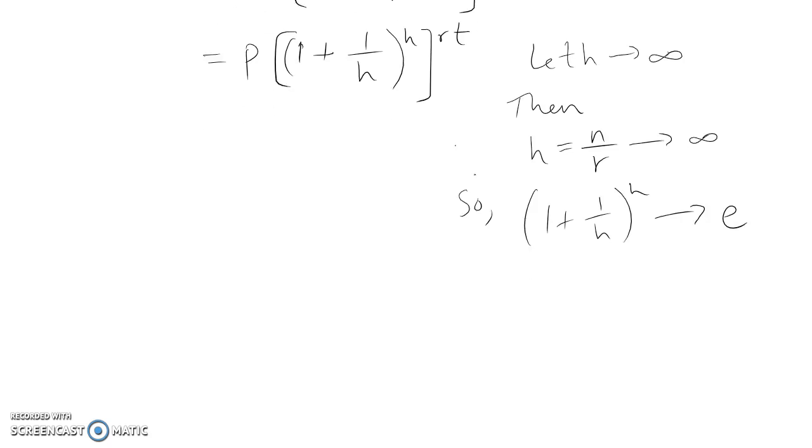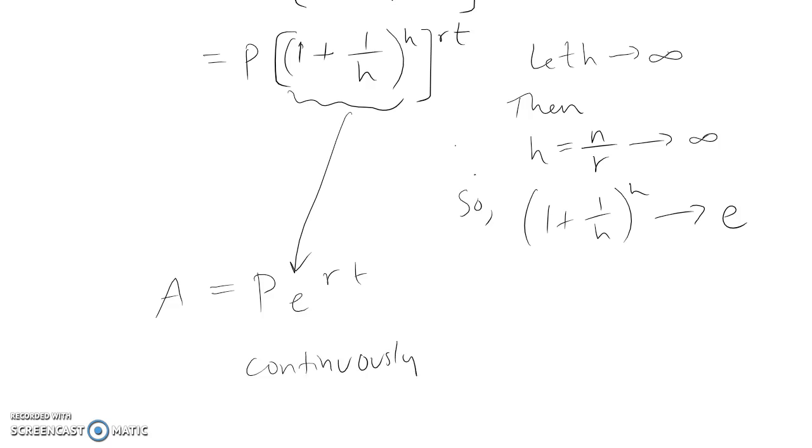So we can rewrite this entire thing as P times E to the RT power, because here's our 1 plus 1 over H to the H going to E. This gives us the formula for what we call continuously compounded interest. And it also shows us a little bit about E.